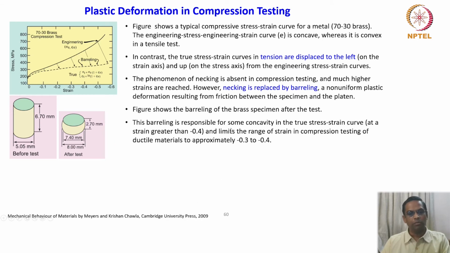This barreling is responsible for some concavity in the true stress strain curve at a strain greater than at least 0.4. You can see this region we are talking about, and it limits the range of strain in compression testing of ductile material to approximately minus 0.3 to minus 0.4.